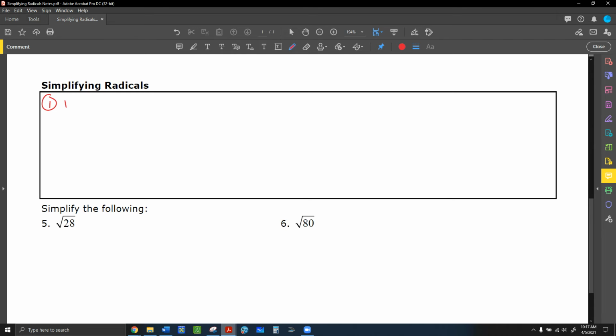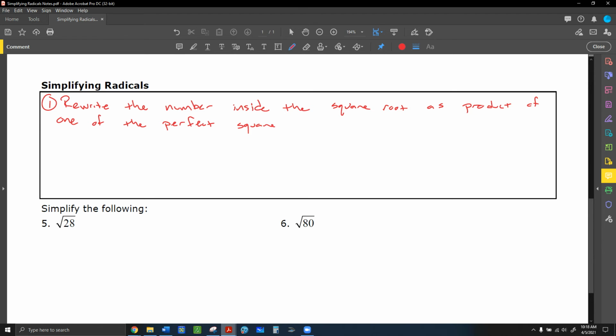The first step, step 1, is to rewrite the number inside the square root as a product of one of the perfect squares and another number.